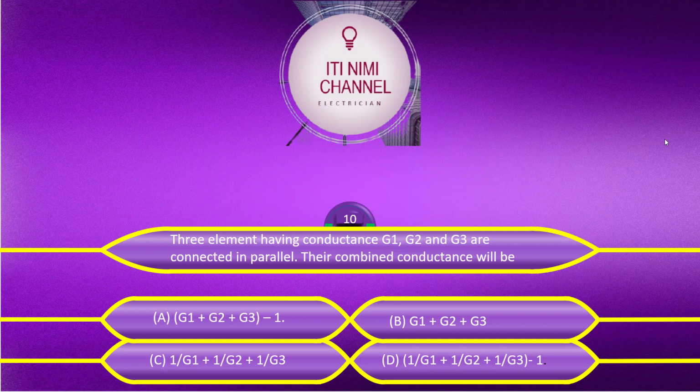Three elements having conductance G1, G2 and G3 are connected in parallel. Their combined conductance will be option A G1 plus G2 plus G3 minus 1, option B G1 plus G2 plus G3, option C 1 by G1 plus 1 by G2 plus 1 by G3, option D 1 by G1 plus 1 by G2 plus 1 by G3 minus 1.